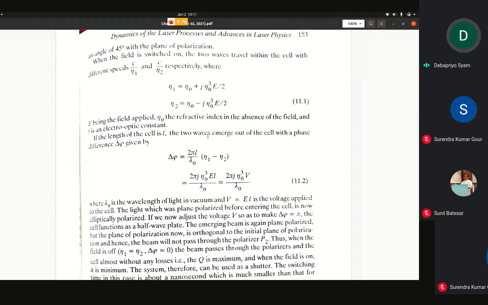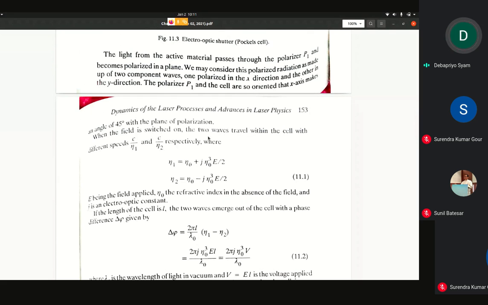sample formulae, which tell you how to find the phase difference between the two waves, the component polarized along the x-axis and the component polarized along the y-axis.